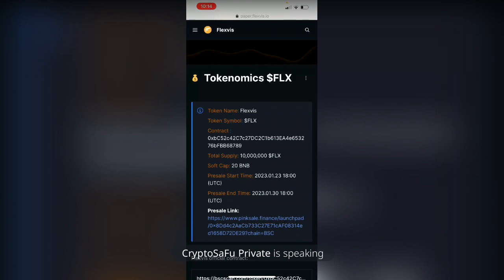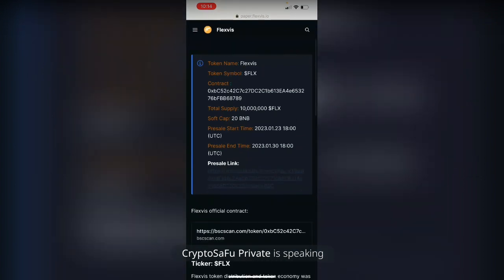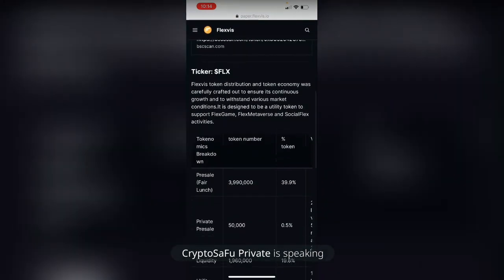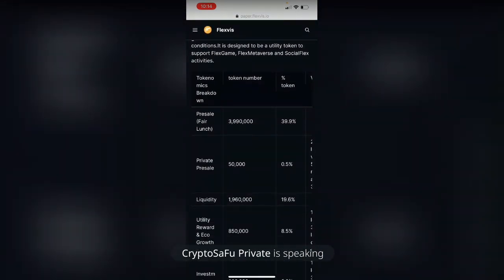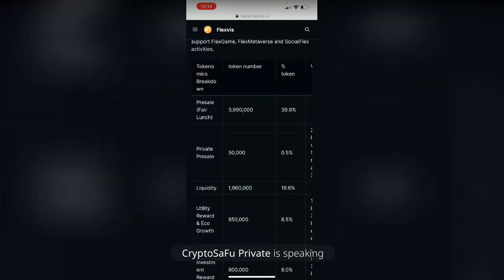So now let's see how this 10 million is being used on this particular project. That is why we come here, and then we can see the tokenomics breakdown. You can see how much is used for pre-sale. We have 3.9 million used for pre-sale, which is taking 39.9% of the total supply, which was 10 million.